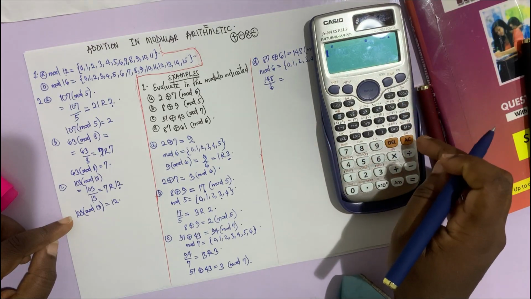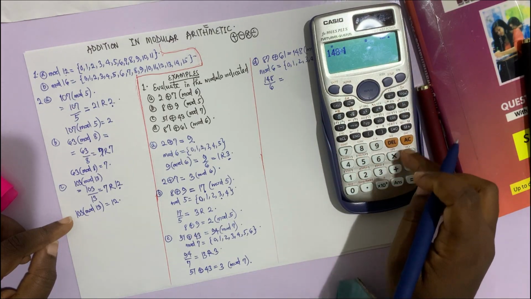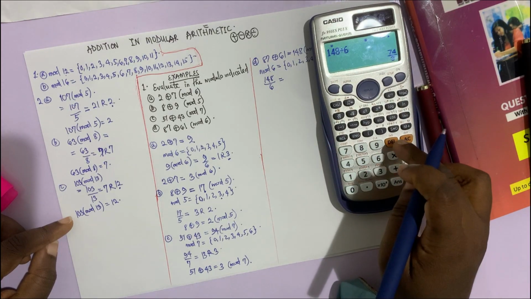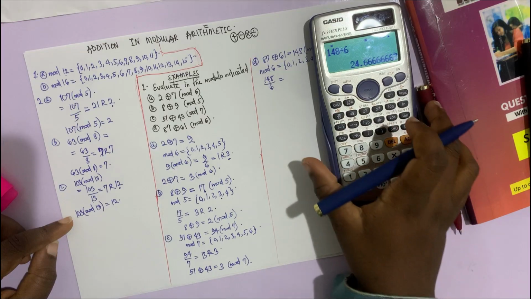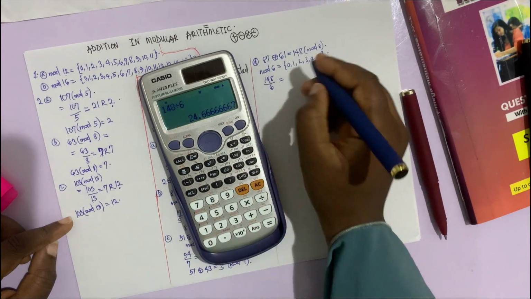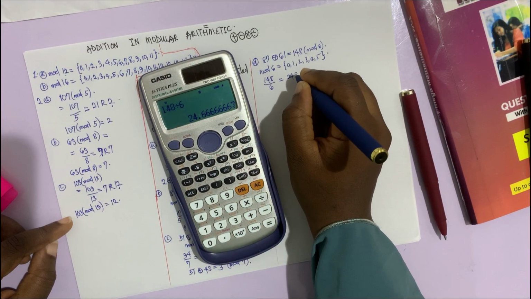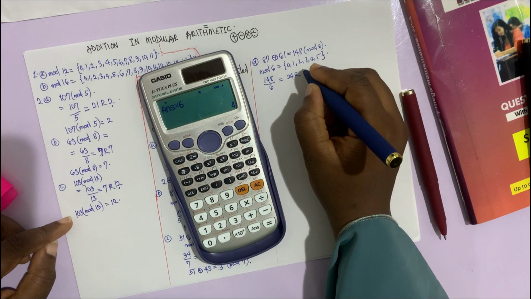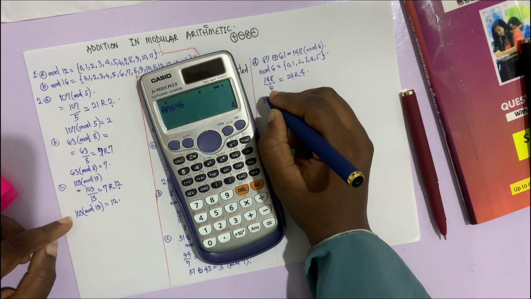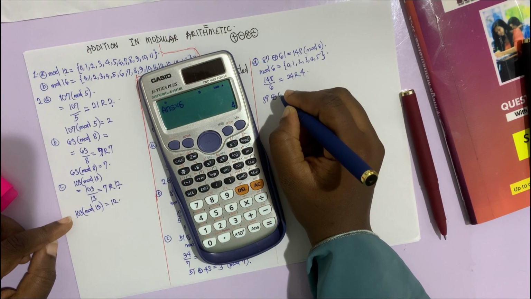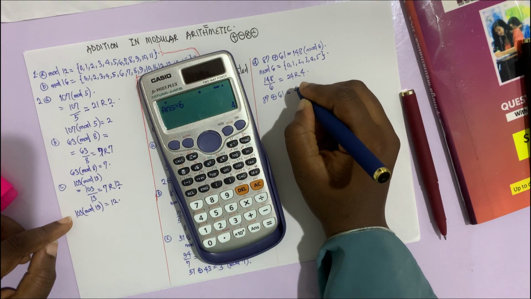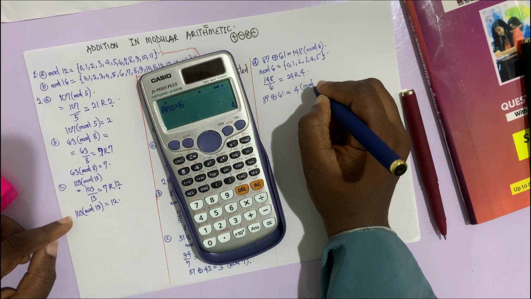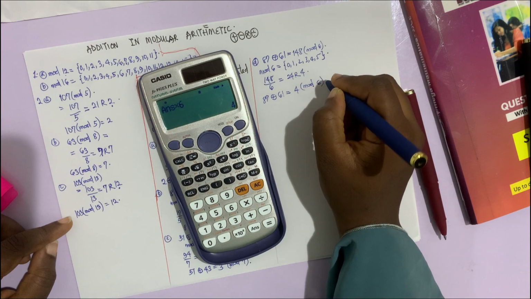So 148 divided by 6 would give us 24 remainder 4. So 87 plus 61 would actually give us 4 in modulo 6.